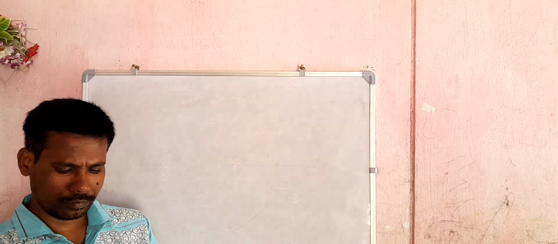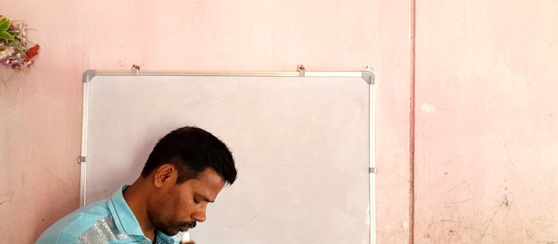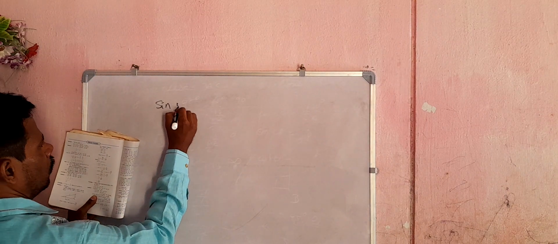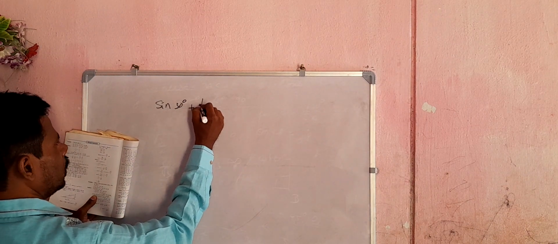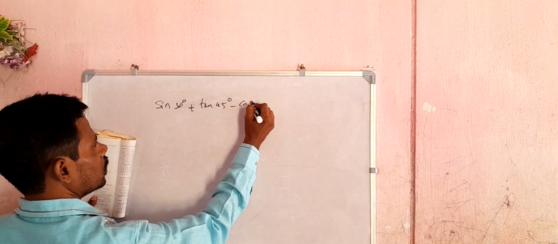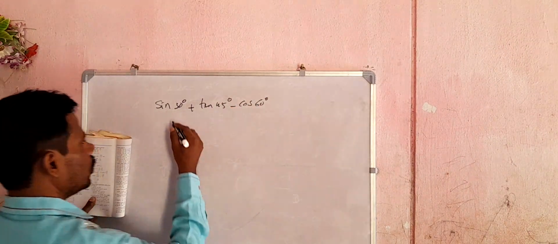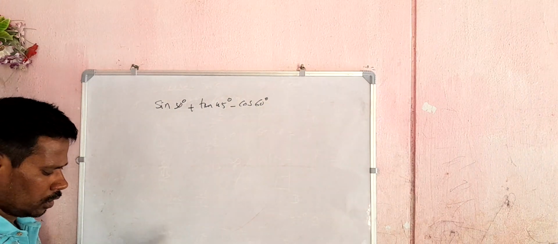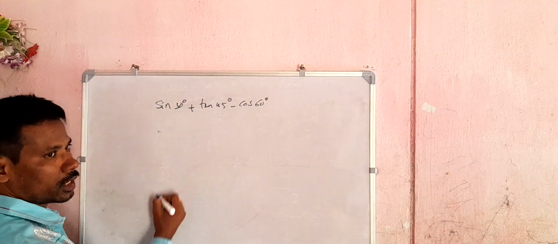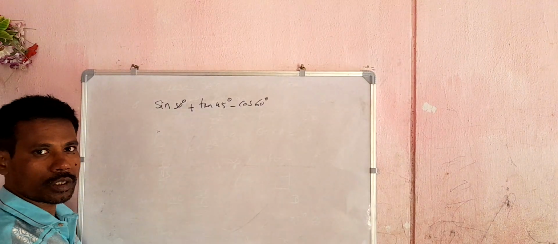Simple problem. Sin 30 plus tan 45 minus cos 60. How will you do this problem? Sin 30, just look at the chart, or you prepare the chart by yourself and do it.